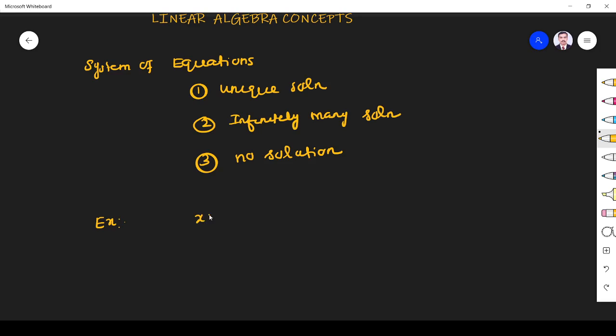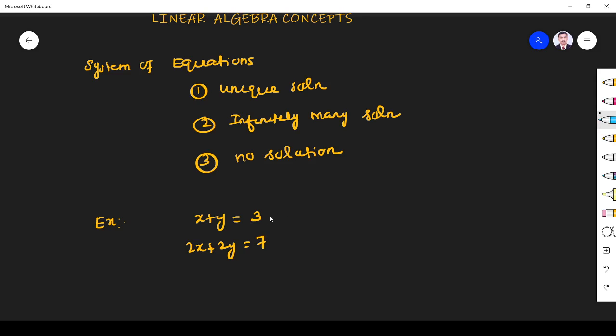So x plus y is equal to 3 and 2x plus 2y is equal to 7. This is one example I am taking. Let us assume they ask, with options, whether these equations have a unique solution, no solution, or infinitely many solutions.